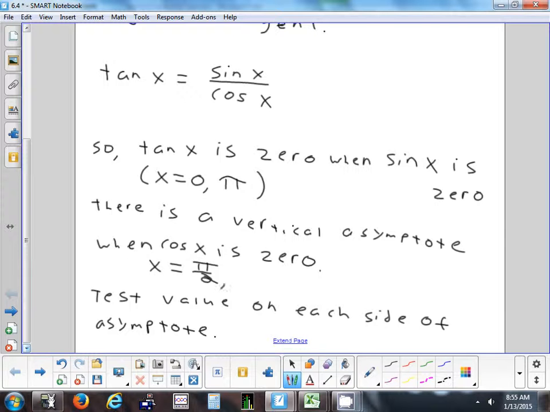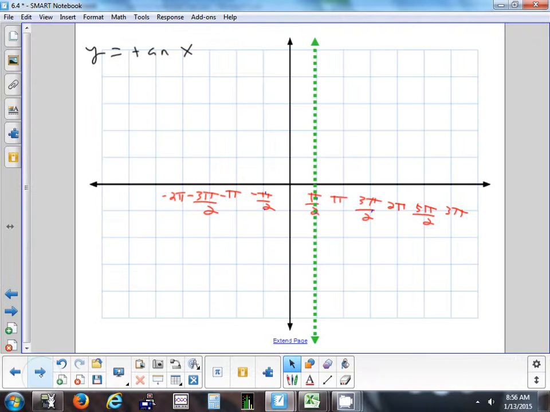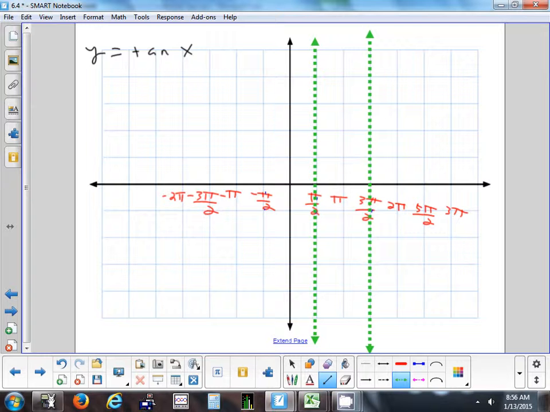The next place cosine hits 0 is at 3 pi over 2, after going down to -1 at pi. Let's draw an asymptote in there as well. It turns out you're going to get another vertical asymptote on my graph every other mark. So you're going to get one at 5 pi over 2. Going the other way, you get one at -pi over 2, -3 pi over 2, and so on.